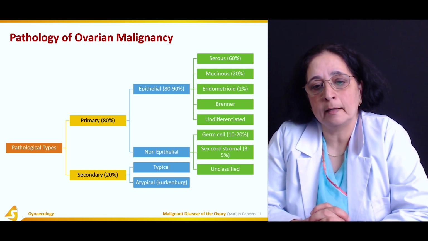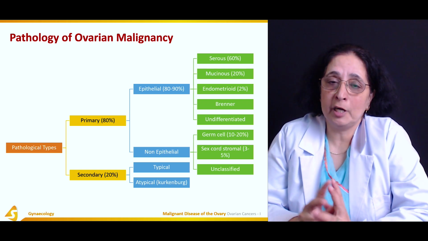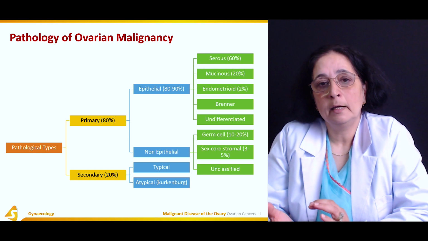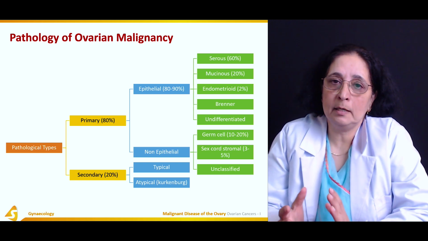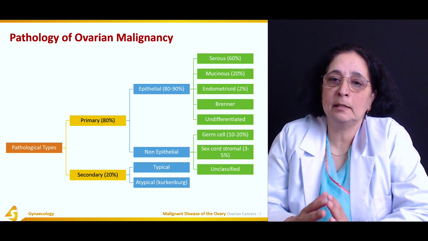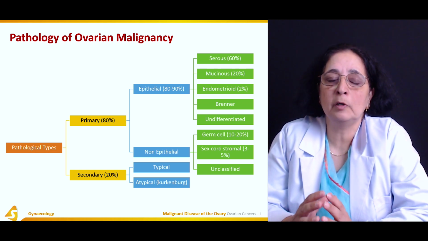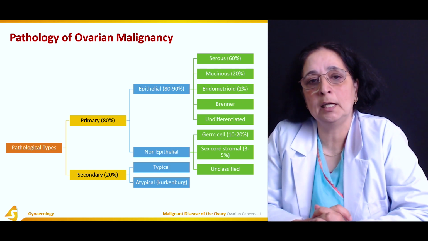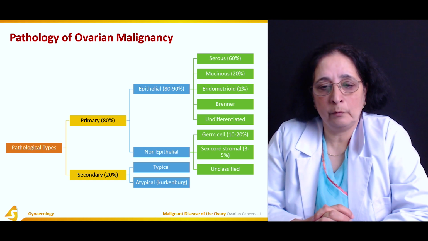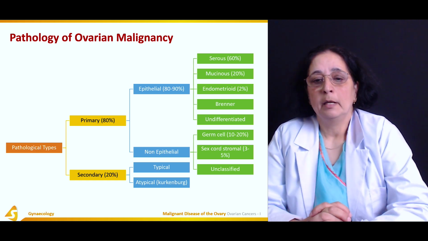Primary cancers originate in the ovary and then spread to other areas. In secondary, the ovary is involved secondarily, besides the main tumor originating in other organs.